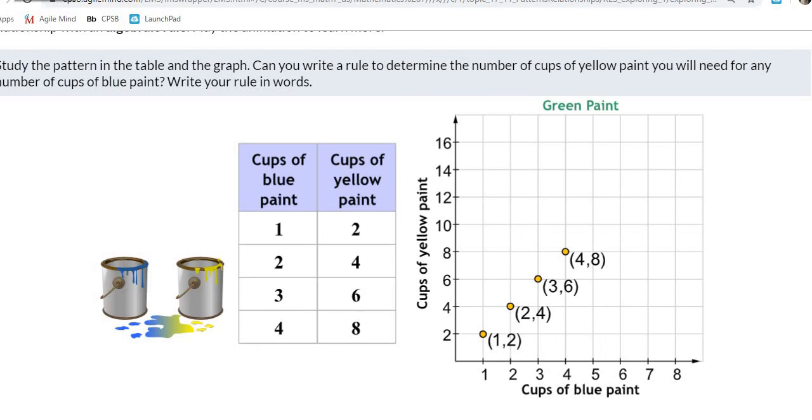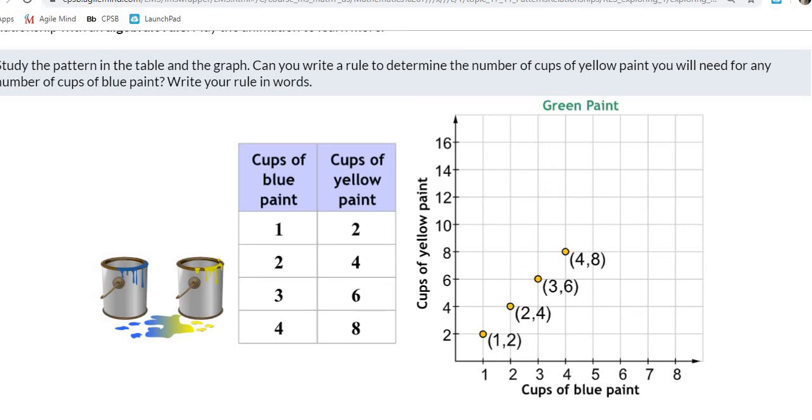Who wants to share their rule that they figured out? What'd you figure out? It's doubling times 2 every time. It's doubling what? What's doubling? Okay, you double every paint that goes up, you double the yellow paint, right?